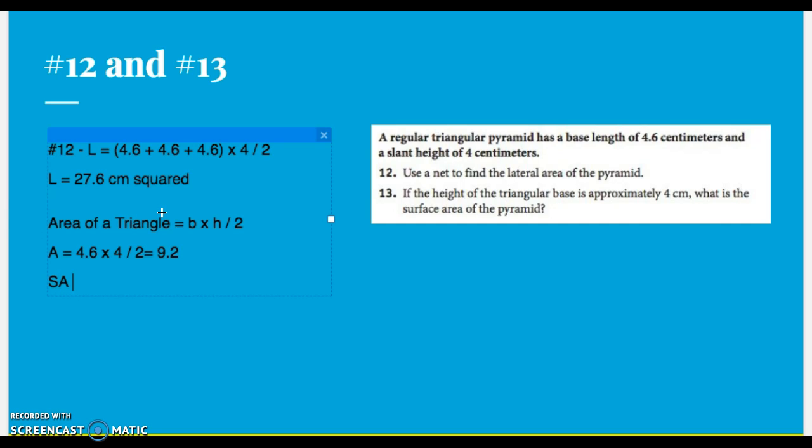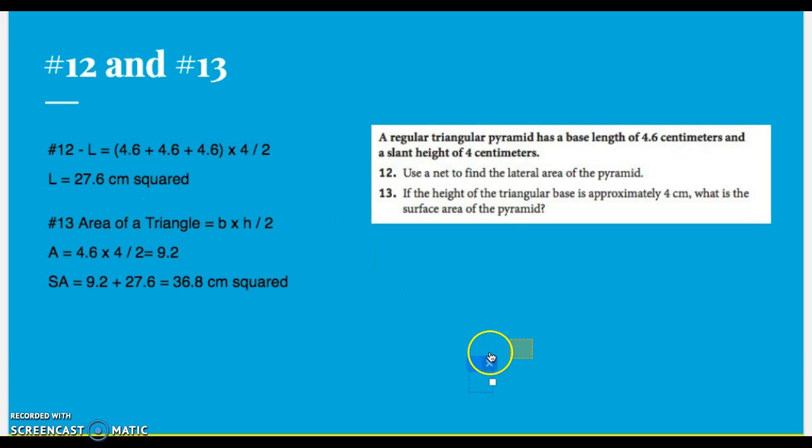And then to get surface area, we just take our 9.2 and add it to our lateral area from above, and we end up with 36.8 centimeters squared. And let me label that one number 13. All right, so there you go.